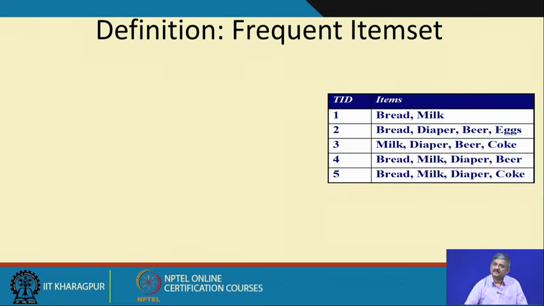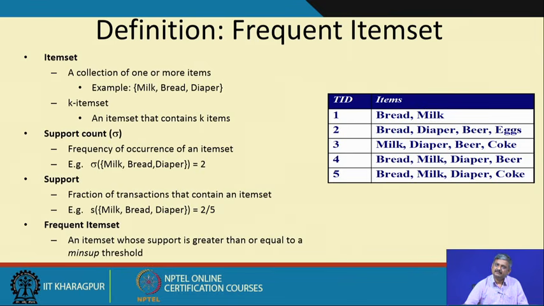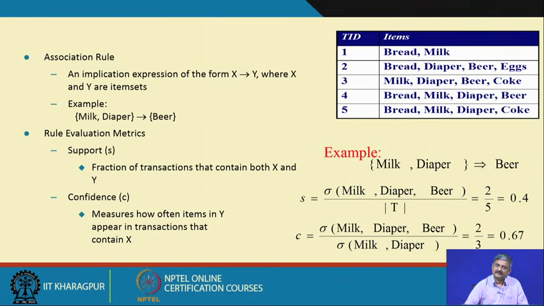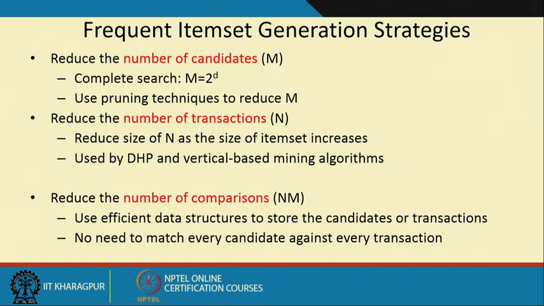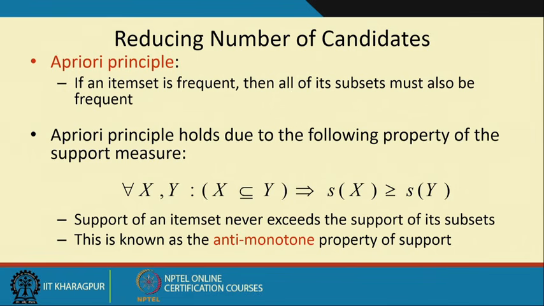So, this is in agreement with the property that if X is a subset of Y, a smaller set, its support should be greater than the support of Y. That means subset item sets have more support than their supersets.